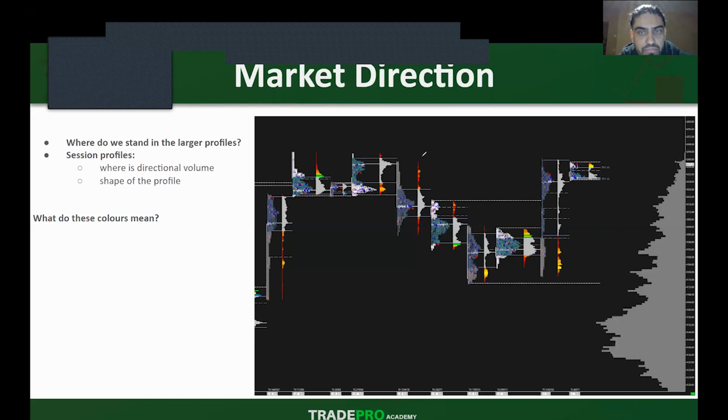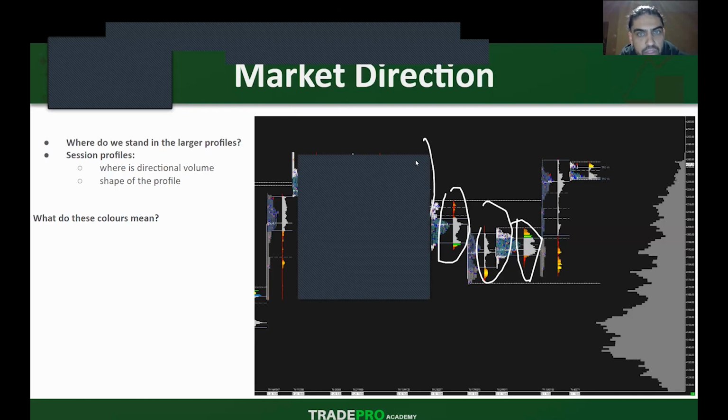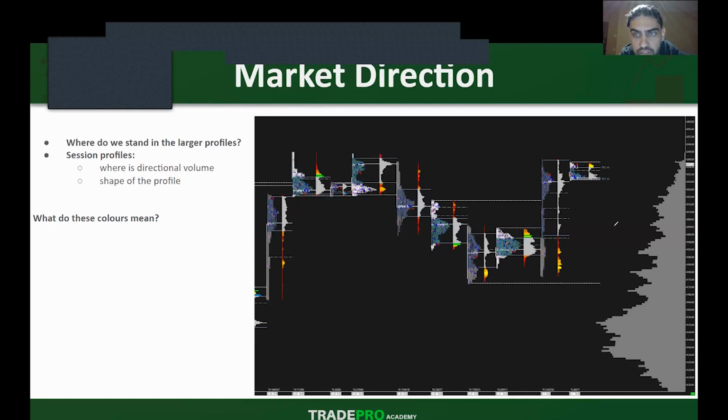Then what we have is individual profiles. This is where a lot of questions stem from today and yesterday. So the idea here is, after we identify these large distribution blocks, like all these big ones here on the right-hand side, you want to understand what the extended hours trading session profile has done, right?